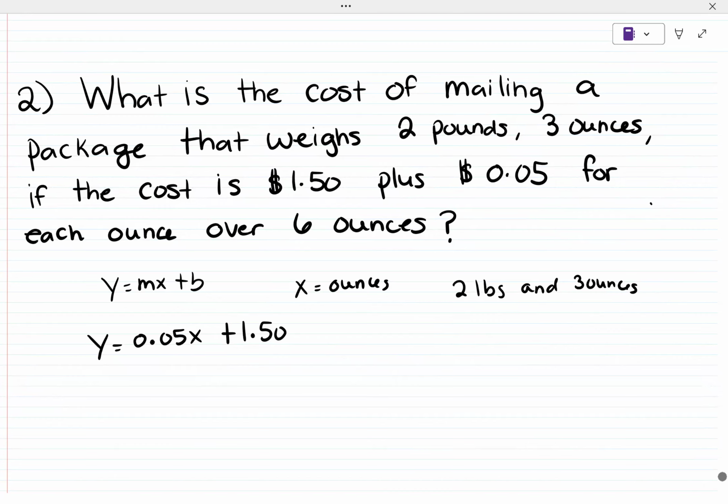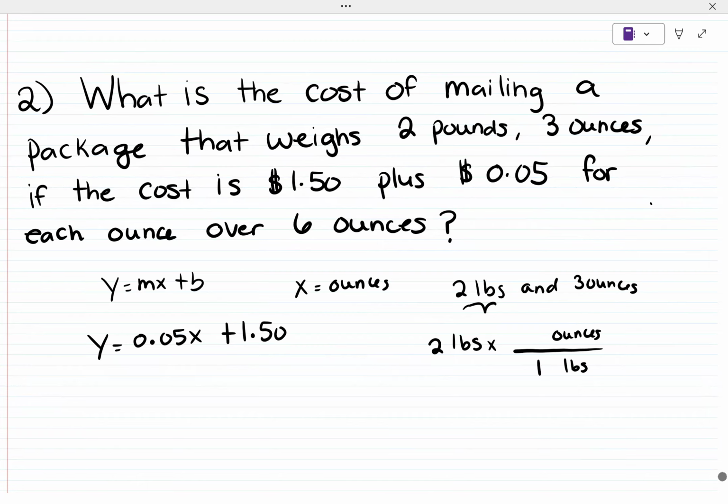So that's pretty simple, right? All we got to do is convert pounds to ounces and then add three, and you got your total amount of ounces. How do we convert 2 pounds into ounces? Well, set up a fraction. Put pounds on the bottom because you want to get rid of the pounds, and then ounces on the top. What is the relationship between pounds and ounces?